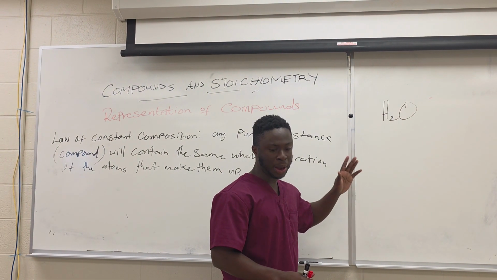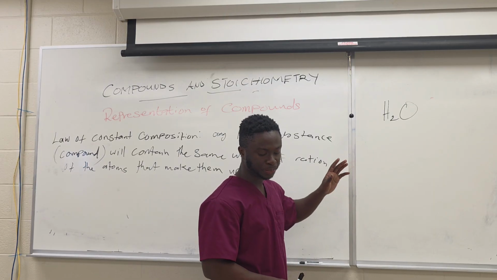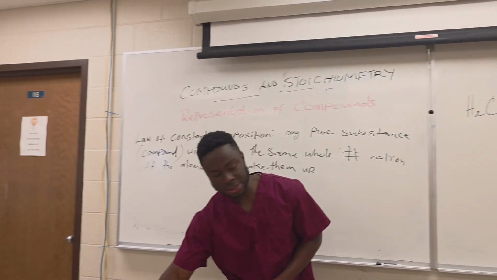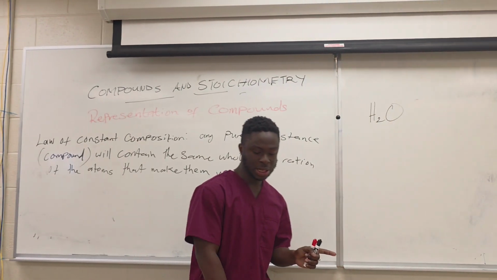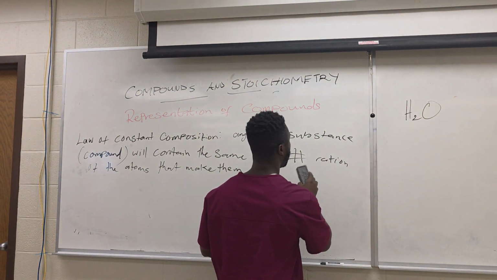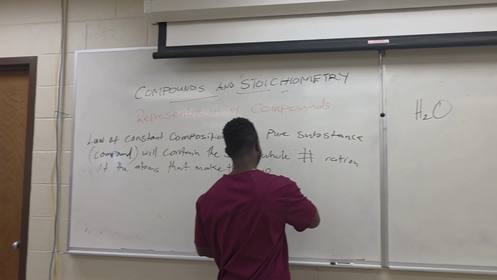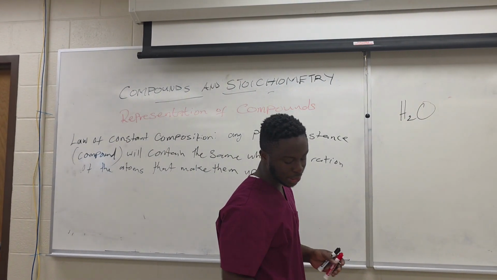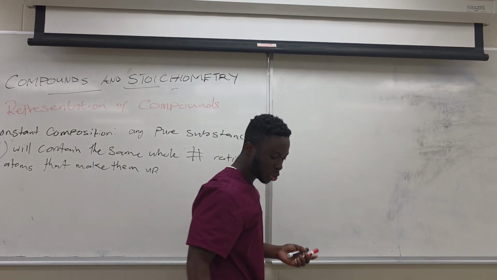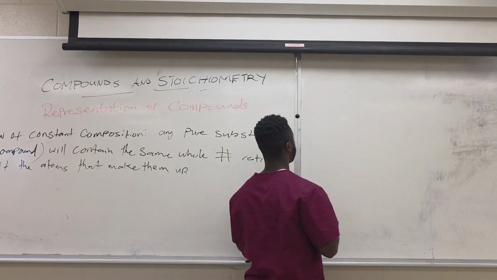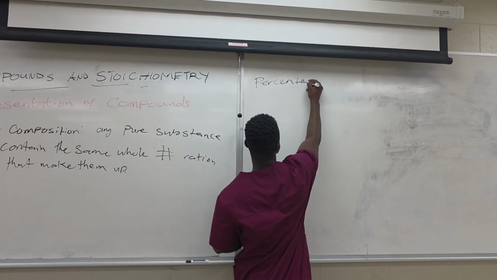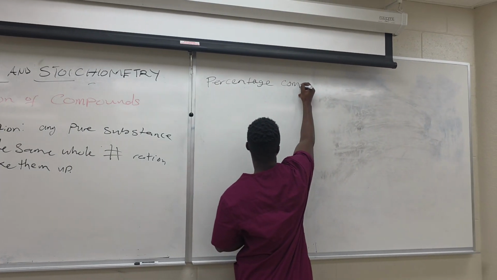But the compound water will still contain the same whole number ratio of oxygen and hydrogen. Now, once we have the law of constant composition put down, let's move on to the percentage composition.